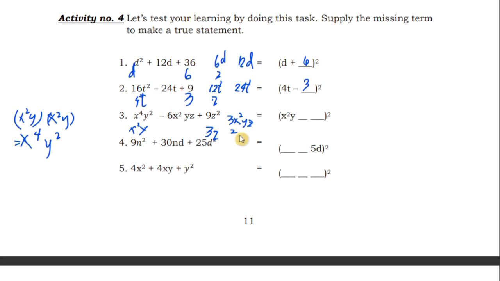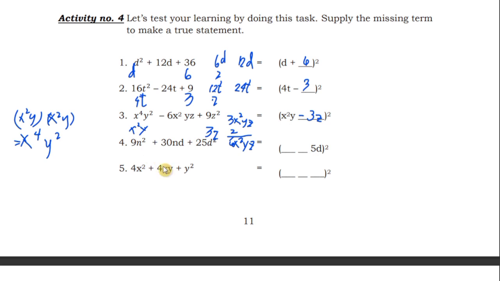Multiplied by 2, we come up with 6x squared yz. Since this is the same as the middle term and it is a minus sign, therefore this is (x squared y minus 3z) quantity squared.